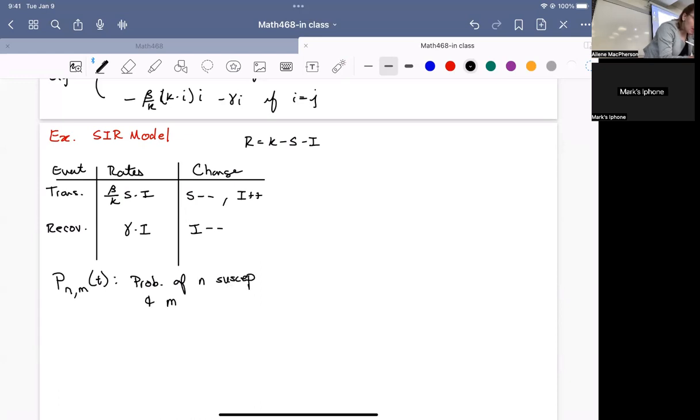All right. So there could be a lot of these equations. If I had a population size of 20, how many equations would I have?